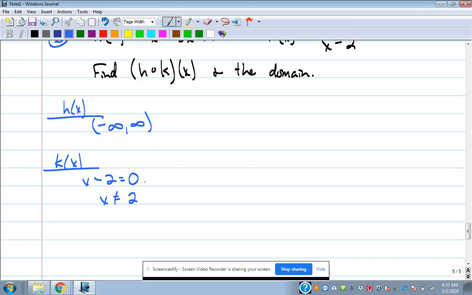Because we don't have any restrictions on h of x, the first function listed in our composite statement, we don't have to set up an equation that says when does k of x equal that restriction. It doesn't matter, because there is no restriction out of it. So the domain of our composite function is just going to match this.